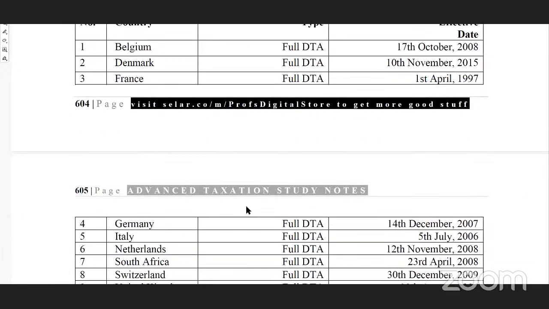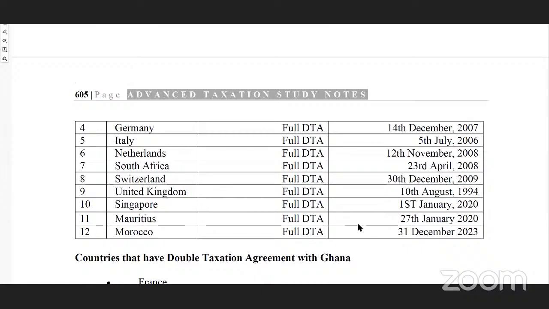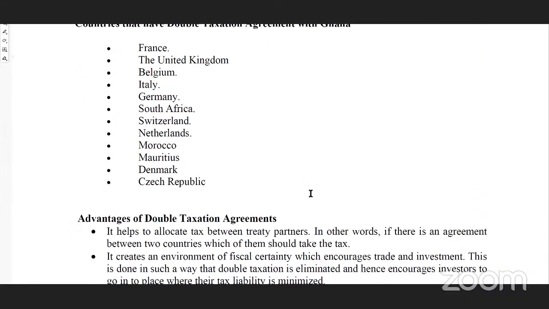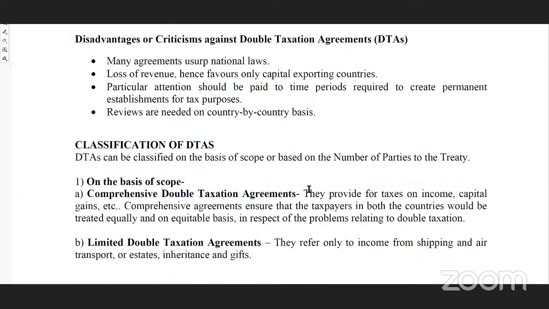So Ghana's DTAs with other countries. I've given you all of them with their various dates, right? Okay, so we have seen all this. But what are the disadvantages of double taxation agreements? Many agreements bypass the national law. Do you remember we talked about that? I told you that is one of the secrets for passing international tax.